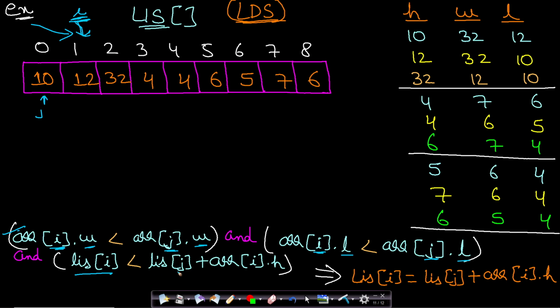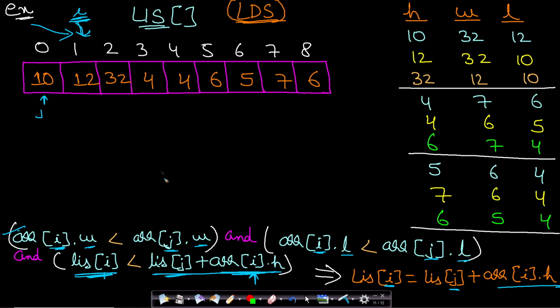This is also common with the longest increasing subsequence problem. So if the height which you have formed at I till now is less than the height at J plus the current box height, which is the ith box height, then you will update the longest decreasing subsequence at I with the longest decreasing subsequence at J plus the current height of I.